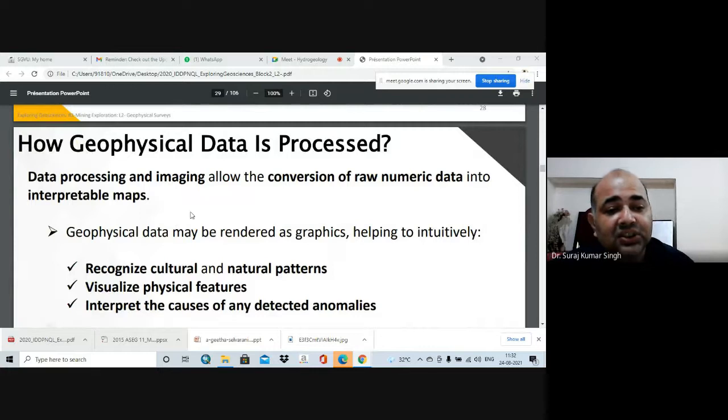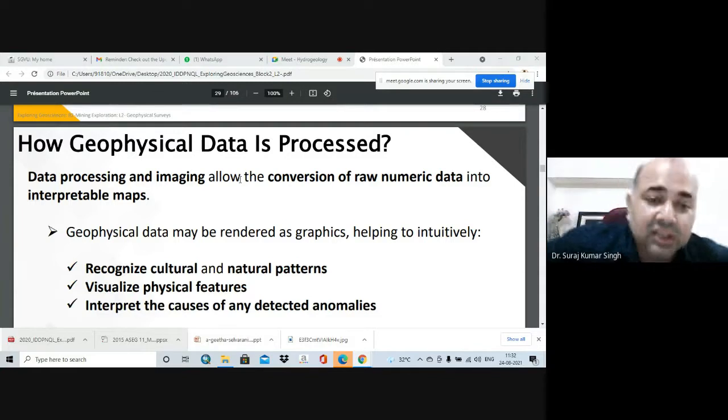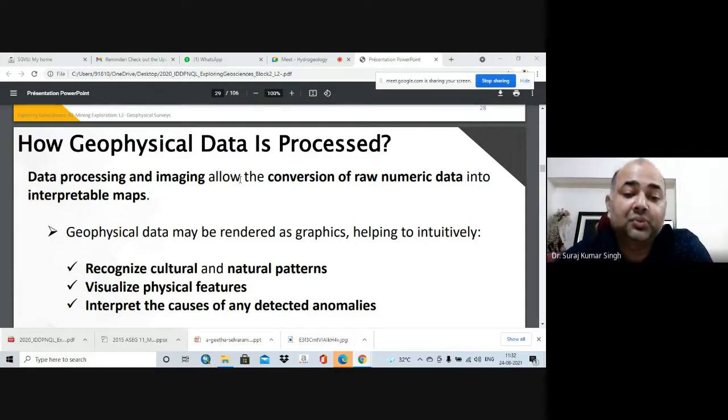Data processing and imaging allows the conversion of raw numeric data into interpretable maps, because when you're using an instrument, the data will be recorded in machine form. Now you have to convert that machine information into some graphics, some statistics, some maps, so that a layman, a person who is not related to geology, can understand the scientific investigation that you have carried out.